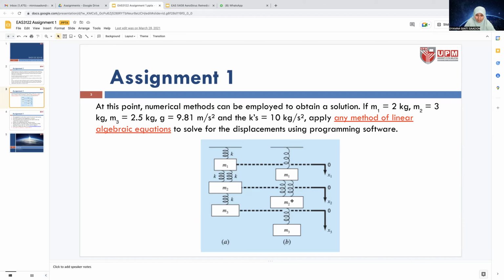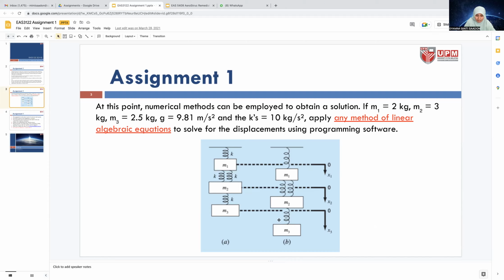You will have three linear algebra equations because you have three masses and three displacements. So it is like a 3 times 3 matrix. You solve the matrix, and you will find x1, x2, x3.